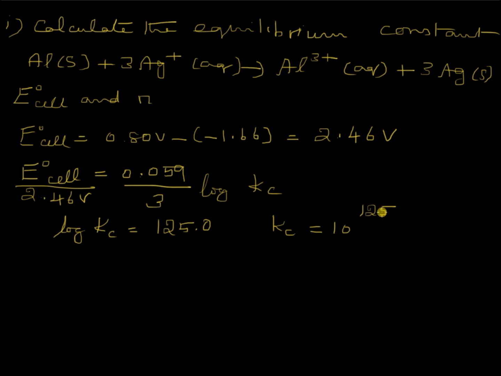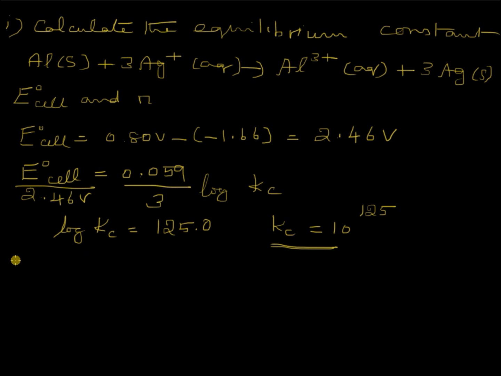In this case it becomes very simple, we can straight away write. And this is a very, very high value. This tells us that the reaction almost goes to completion, that we can't even treat it as a reversible reaction. That is why the equilibrium constant has a very high value.